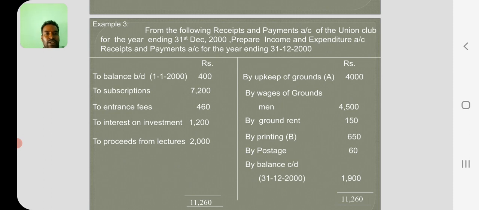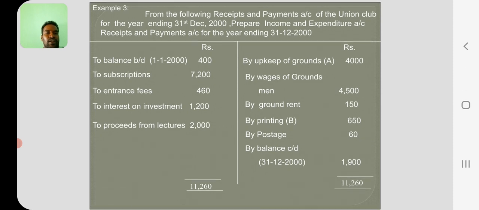So see here example 3. From the following receipts and payments account of the Union Club for the year ending 31st December 2000, prepare income and expenditure account and balance sheet for the year ending 31/12/2000.